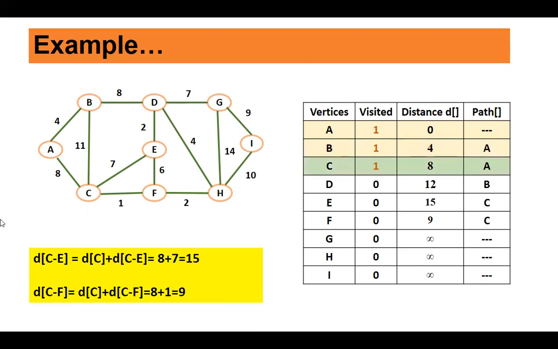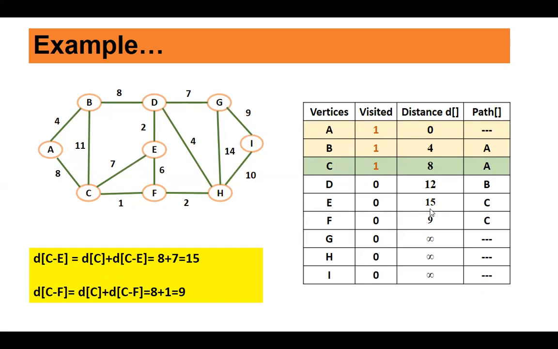Right. Now, once you consider C, from C where you can reach? From C you can reach A, you can reach B, you can reach E, and you can reach F. Now, A you cannot consider, it is already included in the shortest path. B you cannot consider, B is also visited and already included in the shortest path. So the two vertices which can be considered are E and F. Now the distance of E, if you see, is 15.